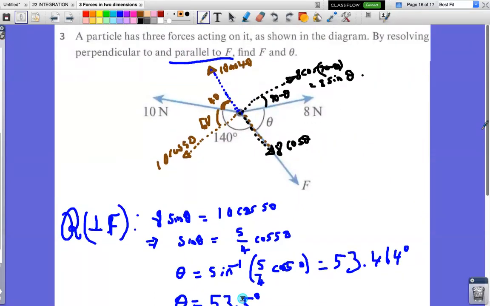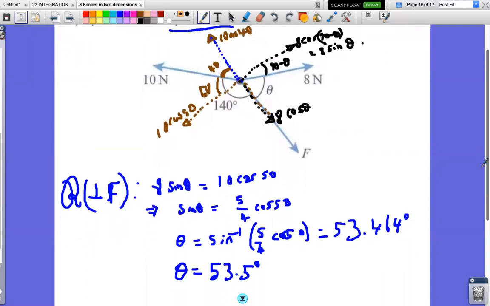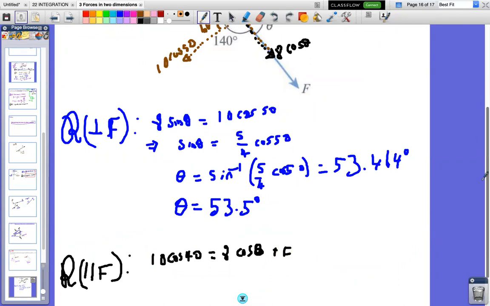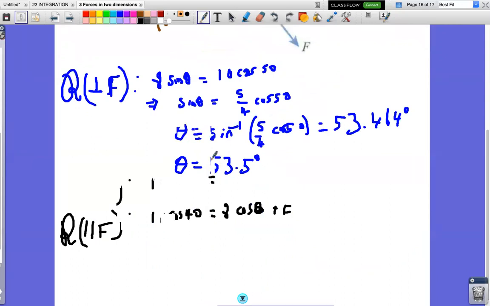We'll have 10 cos 40 should be equal to 8 cos theta plus F. Right?